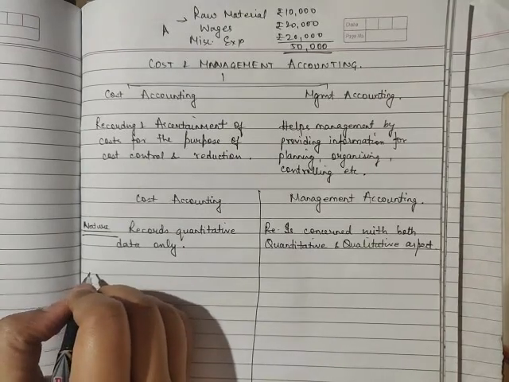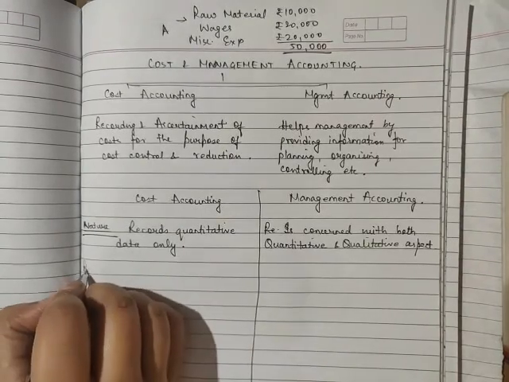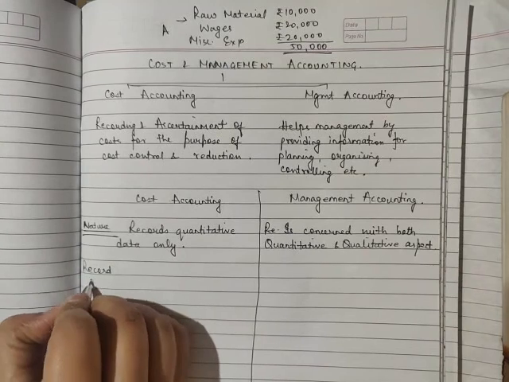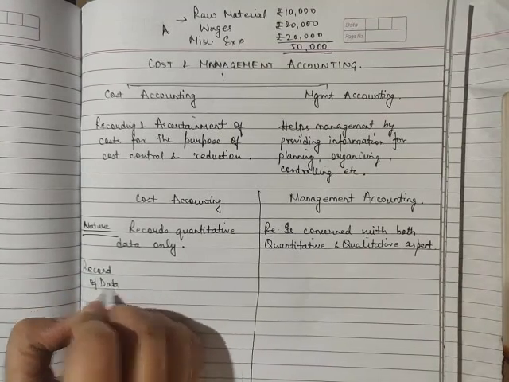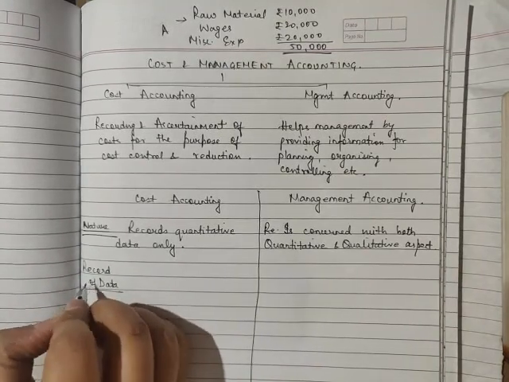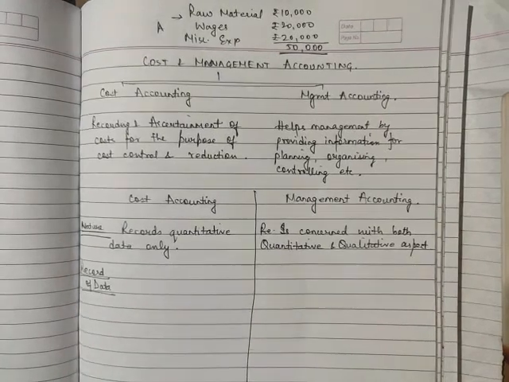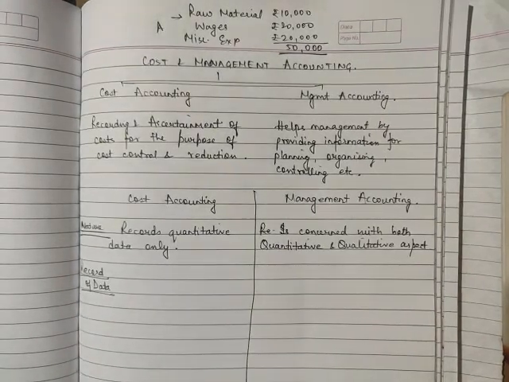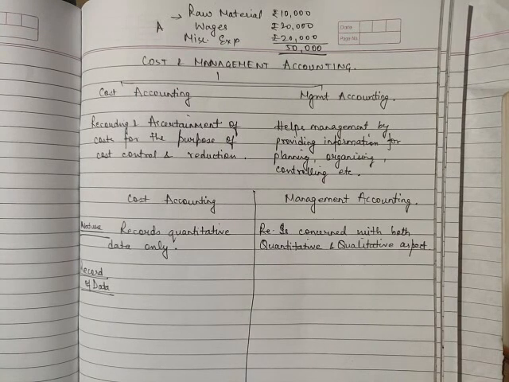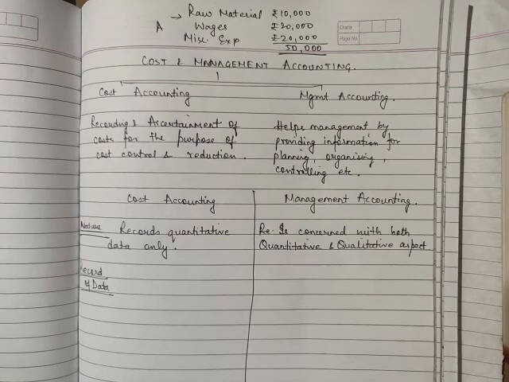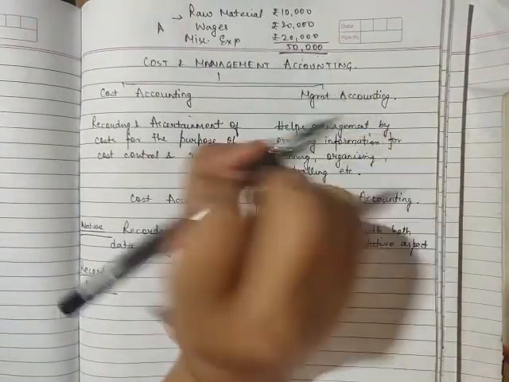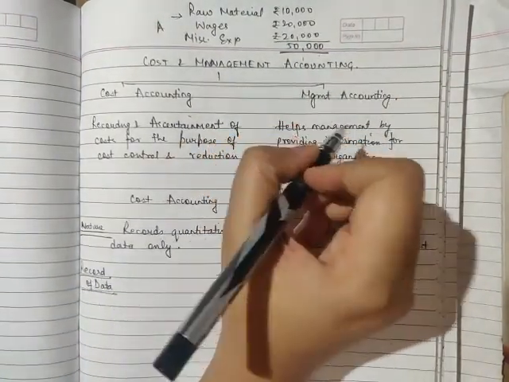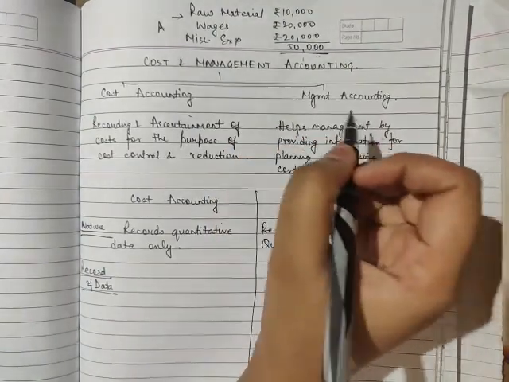Number two, the recording of data. Cost accounting records how much has already been spent in the production of a product. Say last year, we had spent 50,000 on the product. This will be recorded as a part of cost accounting.